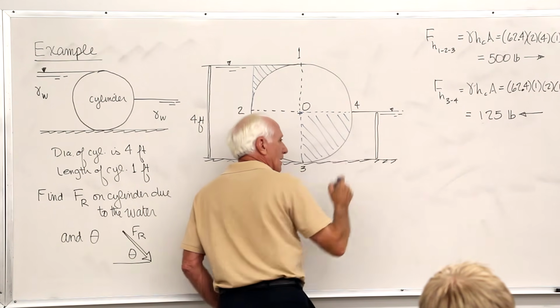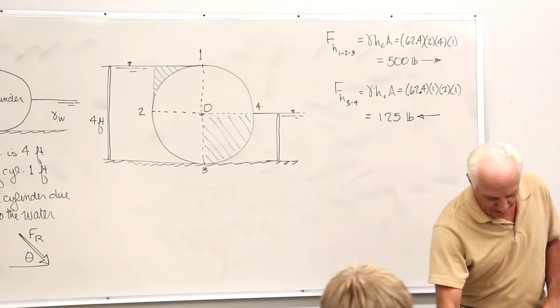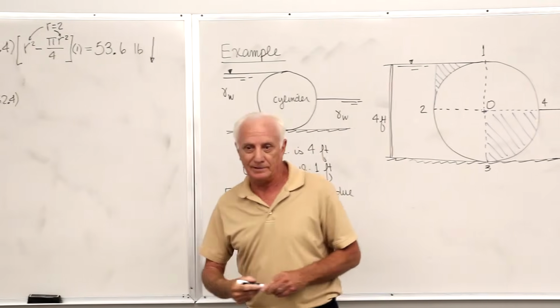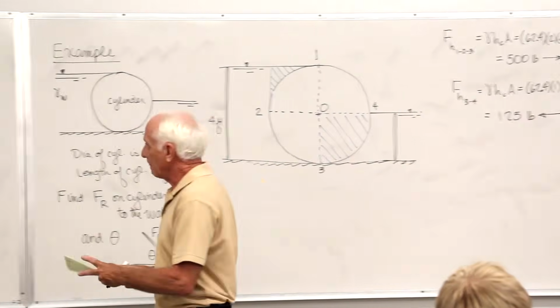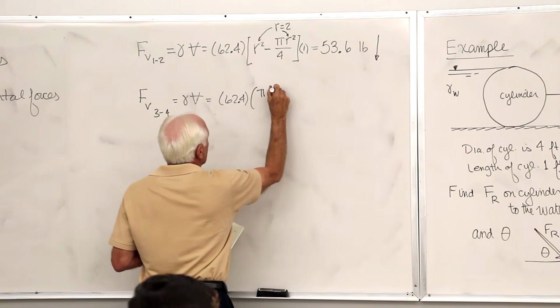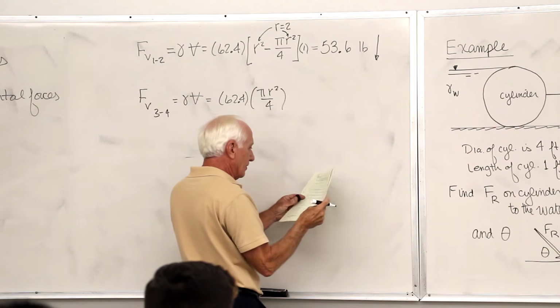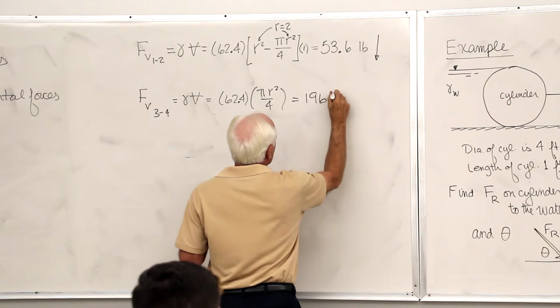There's the volume of imaginary fluid above the curved surface extending to the free surface. What is it? Pi r squared divided by 4. Put r equal to, I won't go through all those details, and you get 196 pounds.